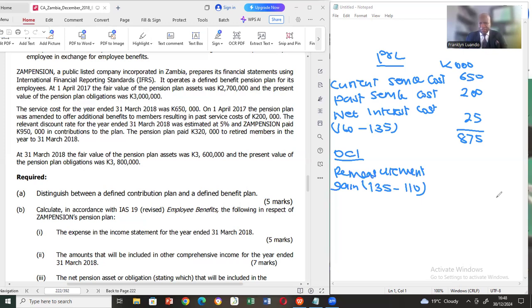So this will be how much? This should be 25. Total 900. Total pension expense.